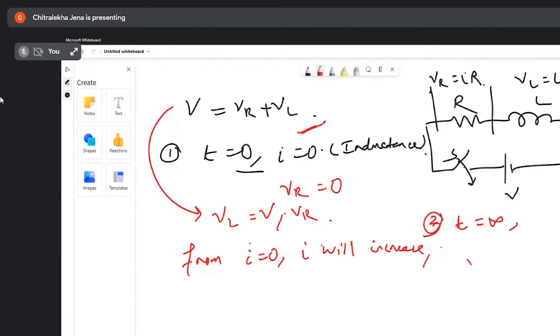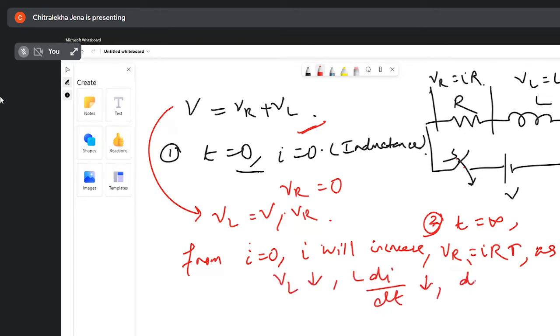So I is increasing means what happens to my VR? VR is equal to I into R. This will increase, right? Got it or not? So as V is constant, what happens to L di by dt? This will decrease. So what happens to di by dt?